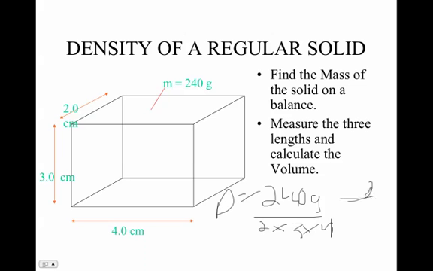So 240 grams divided by 24 centimeters cubed is 10, would be the density of this block. 10 grams per centimeter cubed. We need correct units.